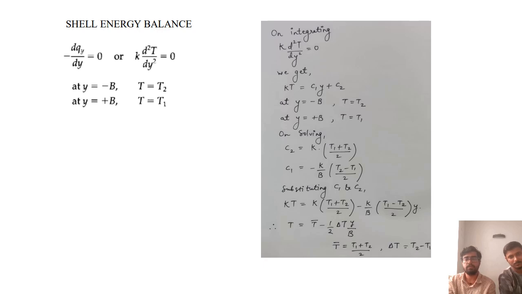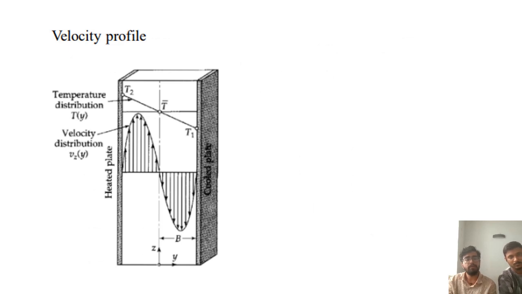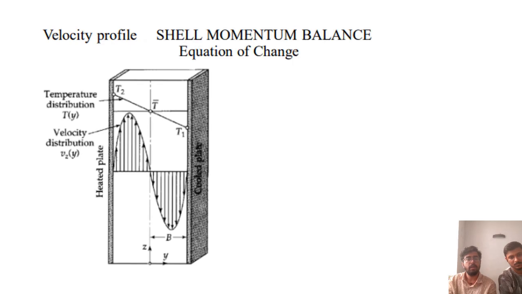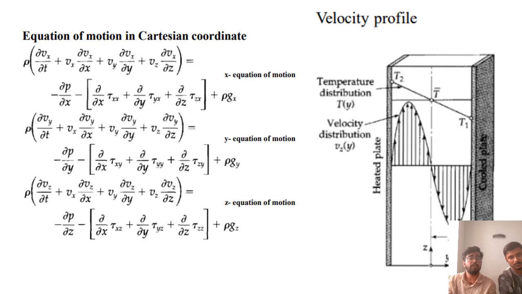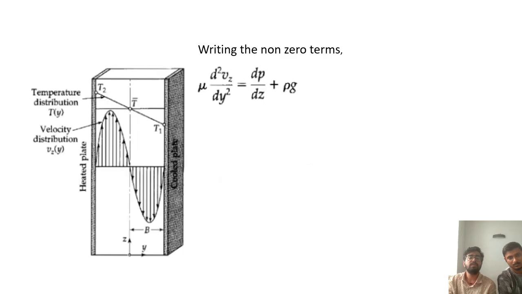So this was our final temperature profile. After this, we will find the velocity profile. So we assume a certain velocity profile, and we use the equation of motion in Cartesian coordinates, the Navier-Stokes equation. We neglected two equations because velocity is only in the z direction, and after that we neglected certain terms and it became simplified. We only got three terms.